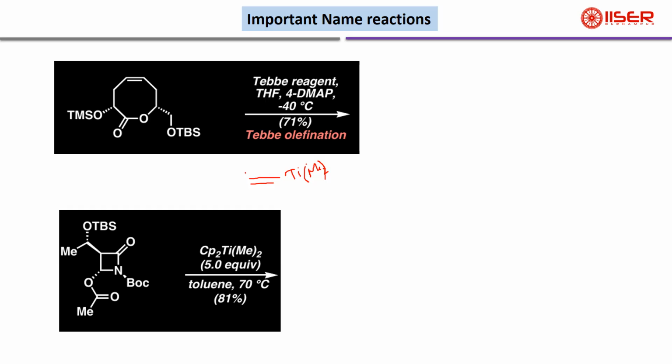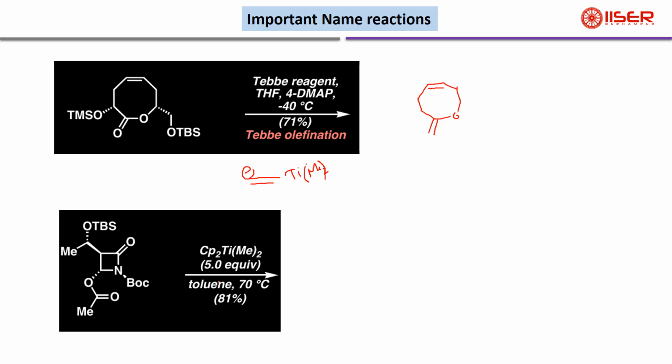There is a ylide negatively charged here, so it will react with ester. So there will be alkene formation at this place. This will be our product.